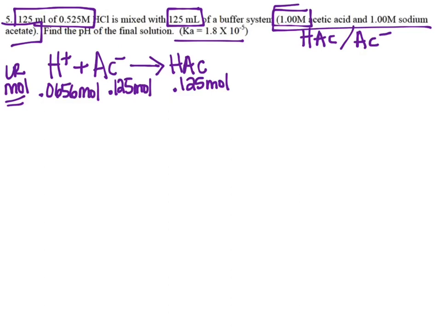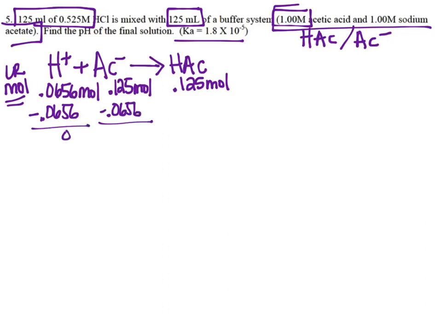No, we're fixing to take care of that. Okay, who runs out first? Who's going to lose this war? H plus. So that means we need to subtract that amount of moles of H plus from the reactant side.